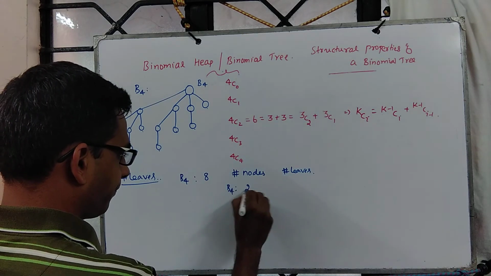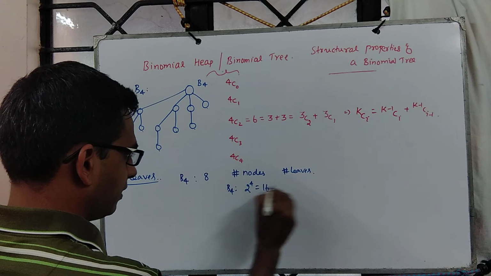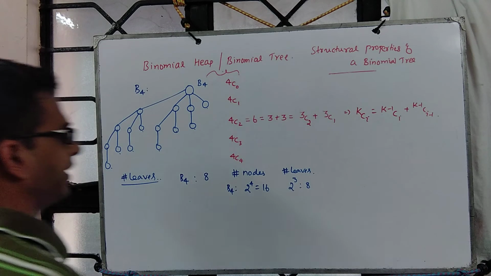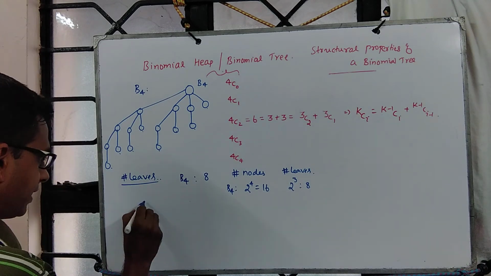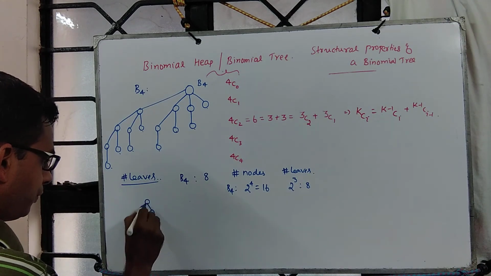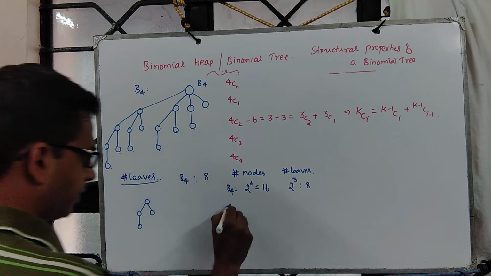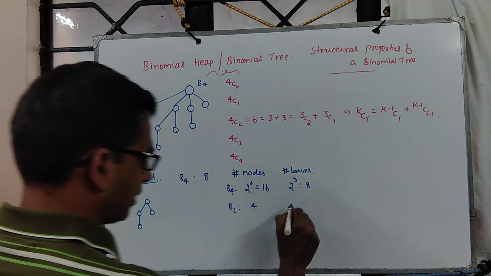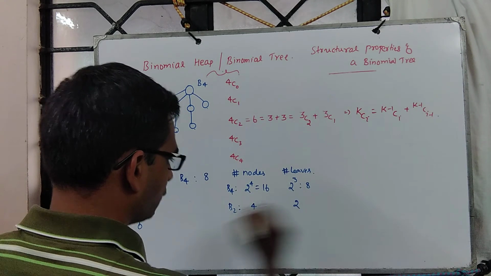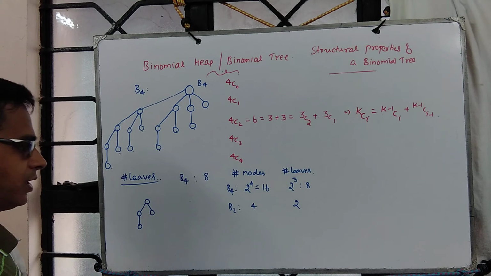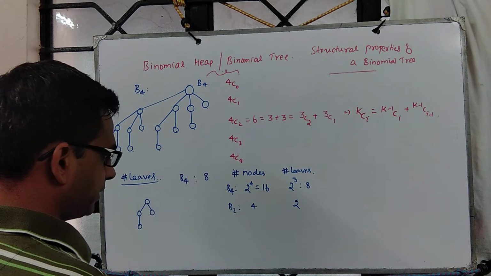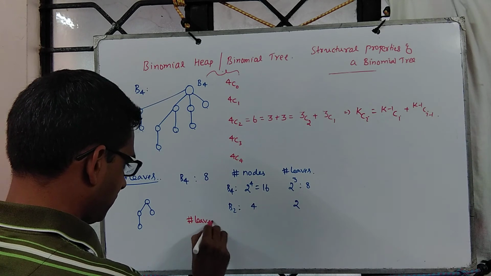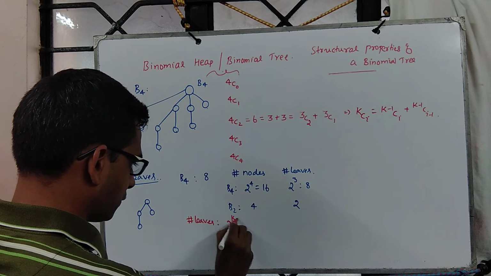It is 2 power 4, which is 16, and number of leaves is 8. Let's look at say B2. B2 number of nodes is 4 and number of leaves is 2. Now you see a pattern. Number of leaves is how much? 2 power k minus 1.